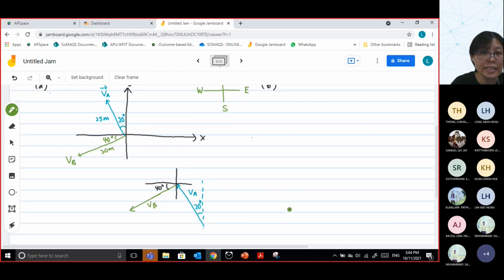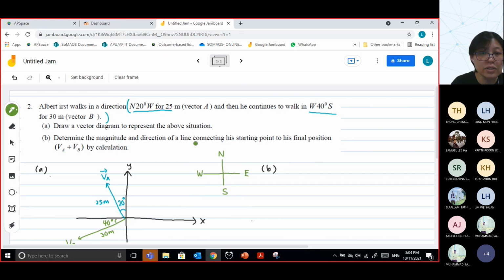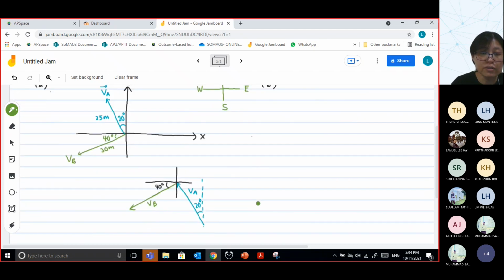Now they are saying, determine the magnitude and direction of the line connecting his starting point to his final position. If I refer to this, where is the starting point? The starting point is here.